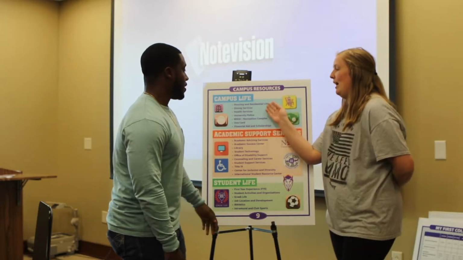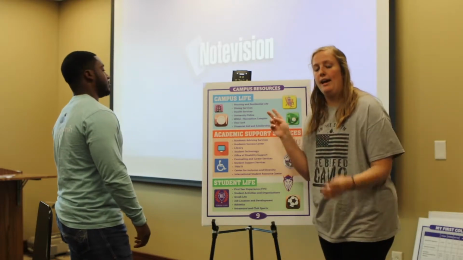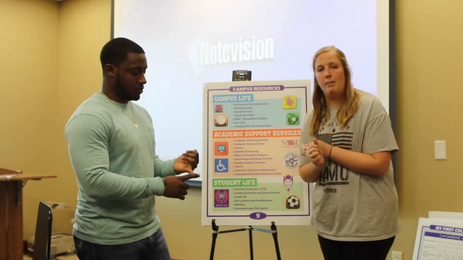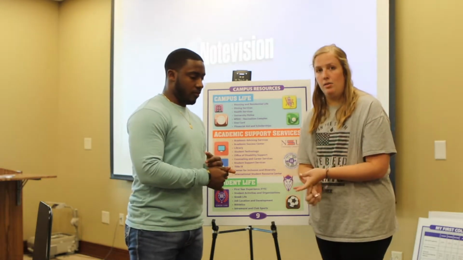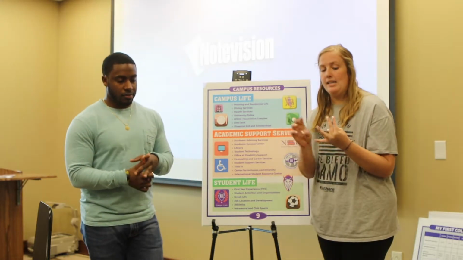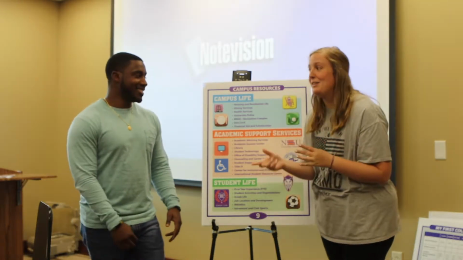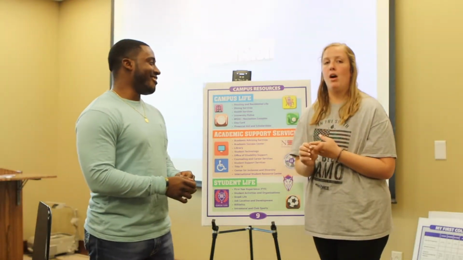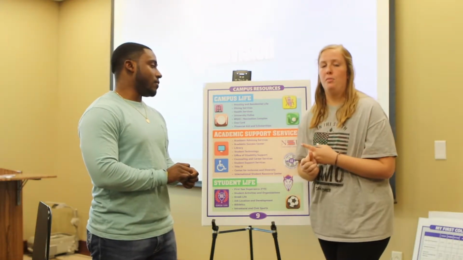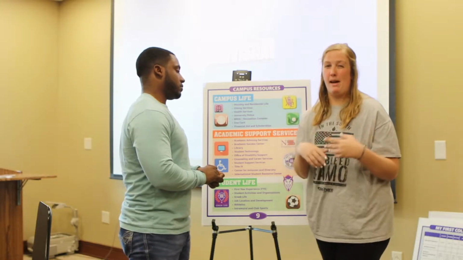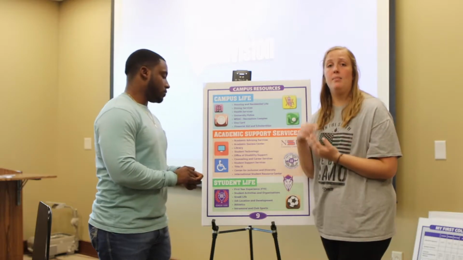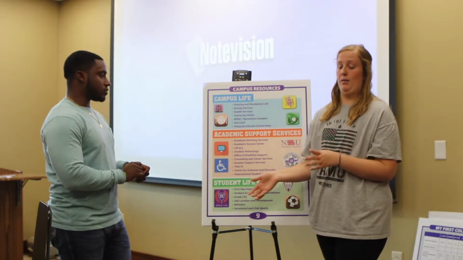So first we have our housing and residential life. We have 4 different places you can stay on campus: University Place 1, University Place 2, Columns, and Varnado. I was about to say Iberville, but that's the cafeteria. UP1 and UP2 are our more traditional style dorms, but they're not really traditional because there's a bathroom in each room. The only difference is UP1 has a bathtub, UP2 does not have a bathtub in the shower.